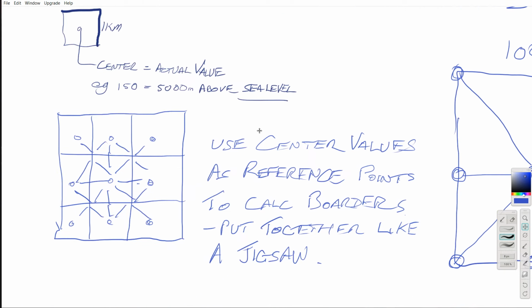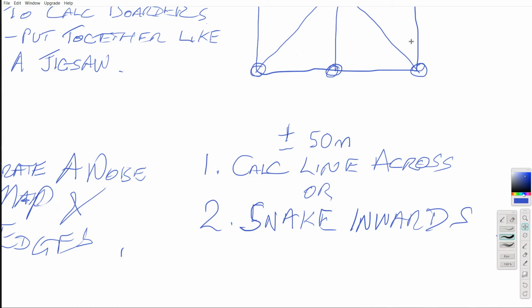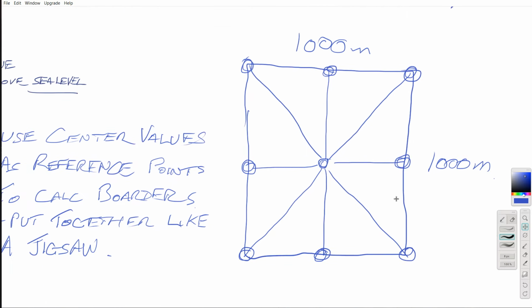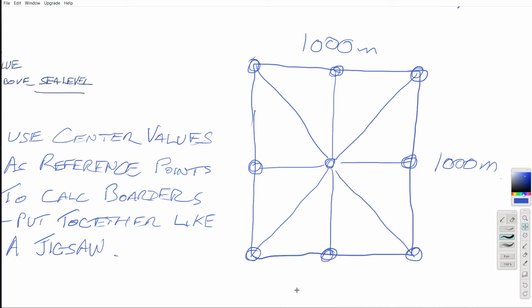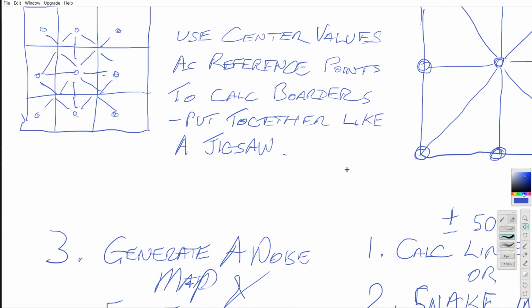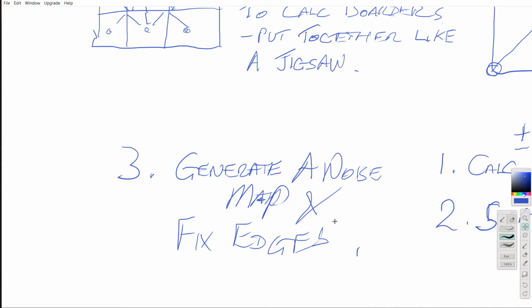It uses center values as reference points, so that would be 3 kilometers by 3 kilometers square. Calculate the borders, put together like a jigsaw, and calculate line across. In other words, just go zing, zing, zing, like a printer. Or snake inwards, which means go around the edge and snake inwards to the center. Remember, the center value and all the circle values are known values. Then generate a noise map and fix edges, which interested me a great deal.